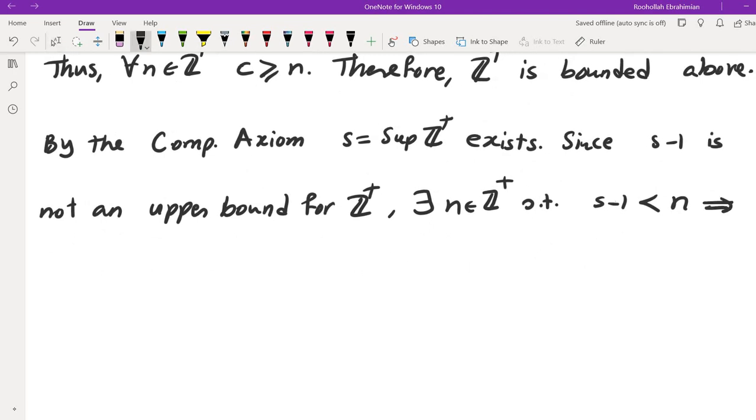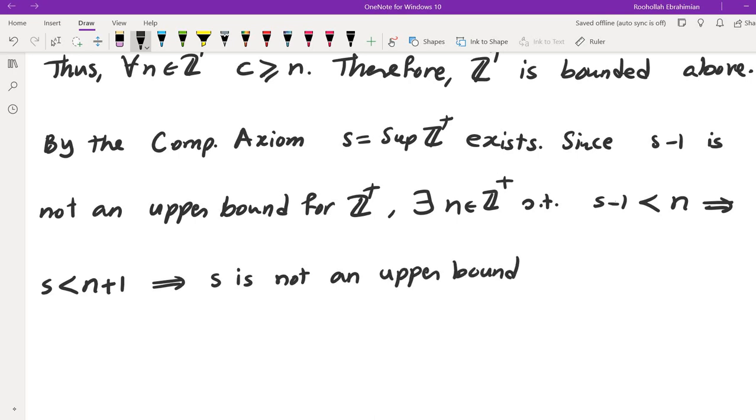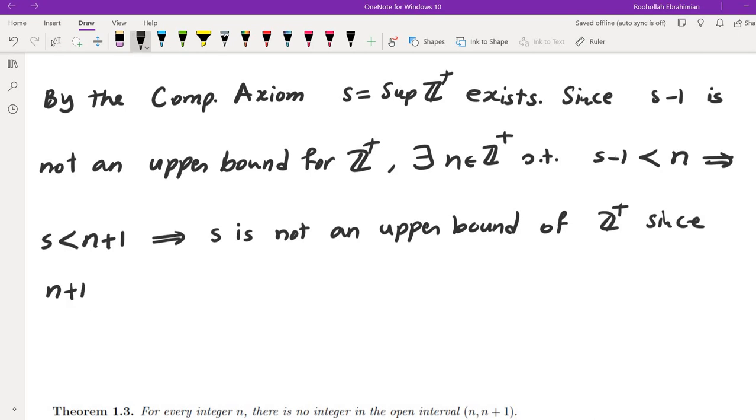If we rewrite that, we get that s is less than n plus 1, and that means s is not an upper bound, because s is less than some positive integer. The reason is that n plus 1 is a positive integer. So this contradiction proves that there is a positive integer n that is more than c. So that is the first part.